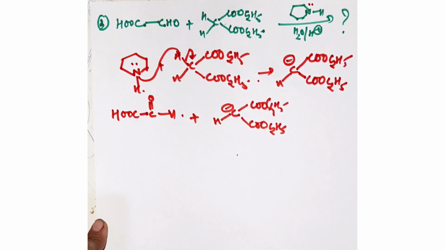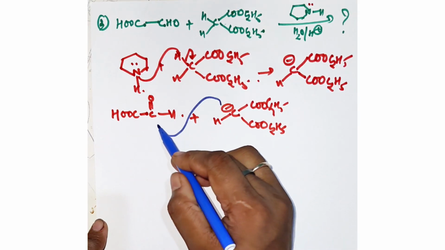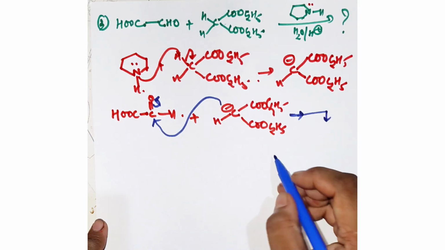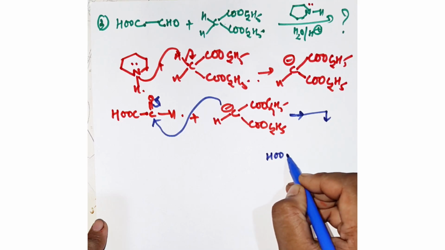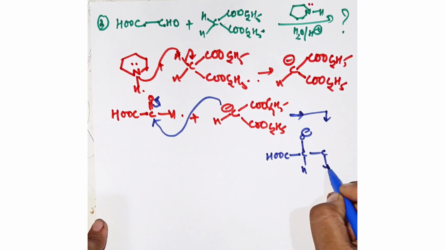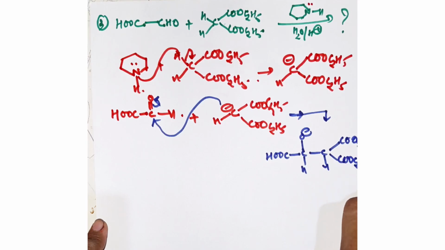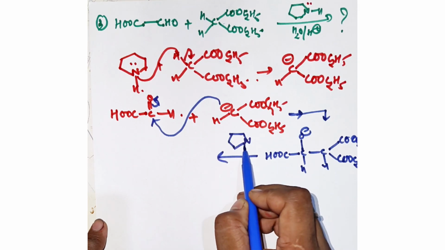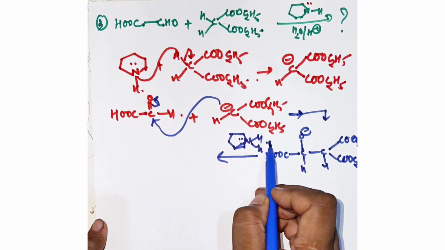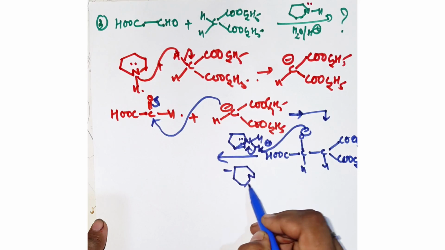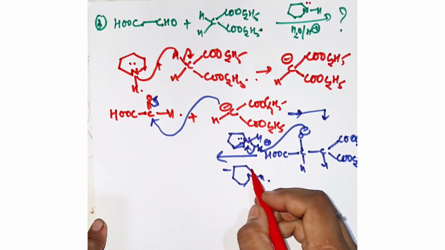Okay, so this is now going to attack out here. And what is it going to form? It is going to form like this. See, HOOC, CO minus, here it is H, here it will be CH, COOC2H5, COOC2H5. Alright, and now the base which was there has an excess of hydrogen. Now the O minus is going to take up the hydrogen, and then you get back the base which you used.